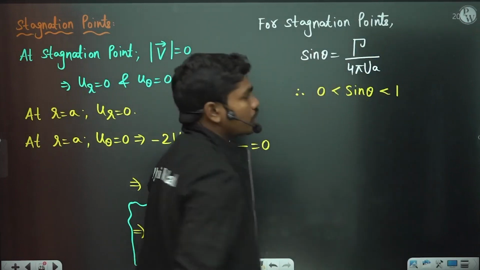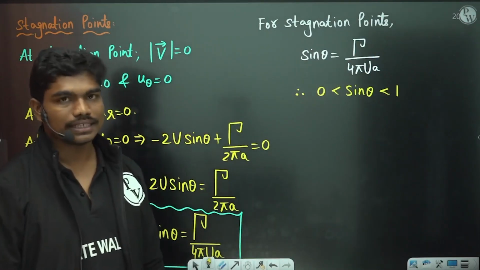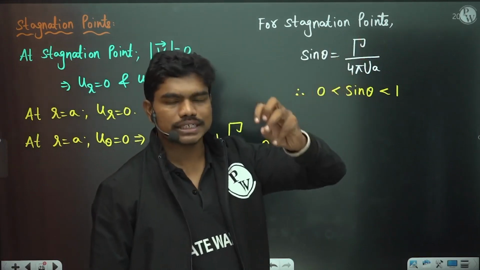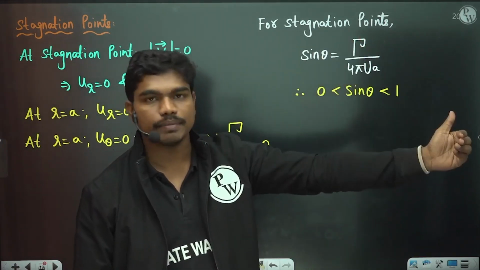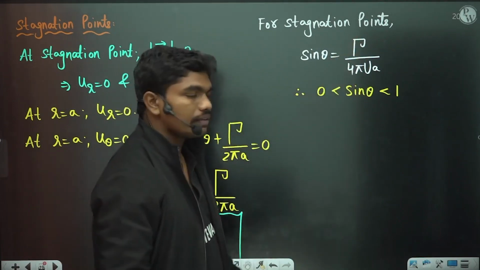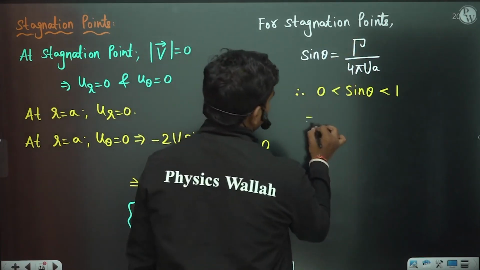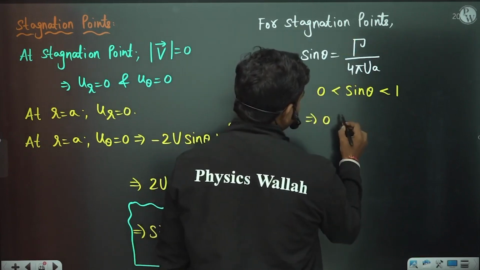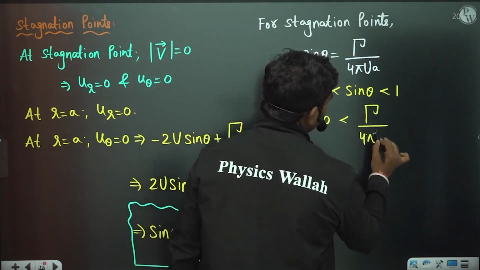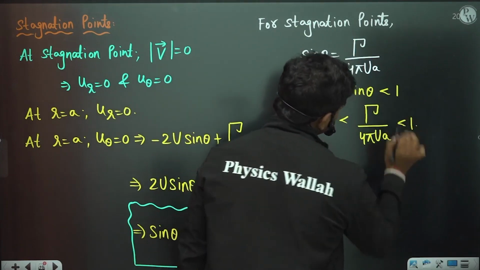The maximum value of sin theta can be only 1, so this quantity, circulation by 4 pi u a, lies between 0 and 1.